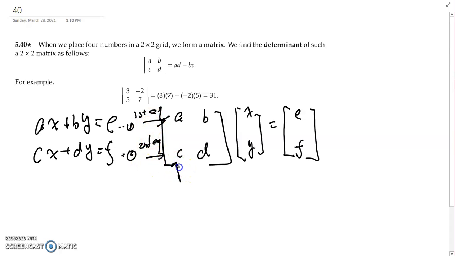The first column is the coefficients of x, that's a and c, and the second column is the coefficients of y, that's b and d. Here are the constants, e and f.